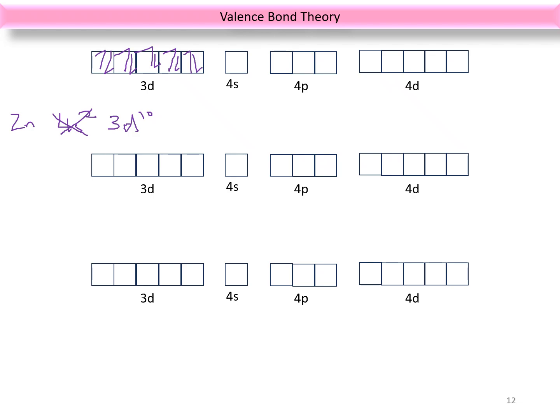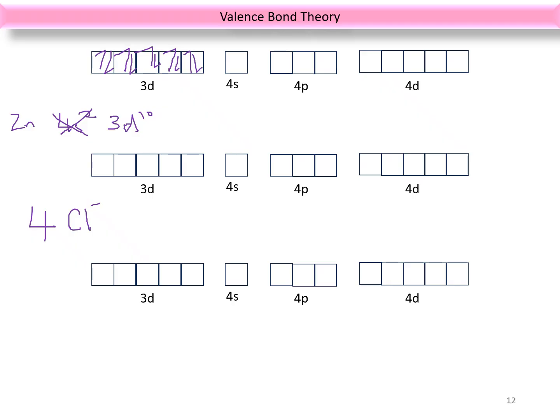Now, if there are 4 chloride ions to coordinate with zinc 2 plus, what kind of hybridization will this make? Chloride is a weak ligand, much weaker than water. Weak field ligands are not able to force electrons in the metal's d orbital to pair up if there are unpaired electrons.